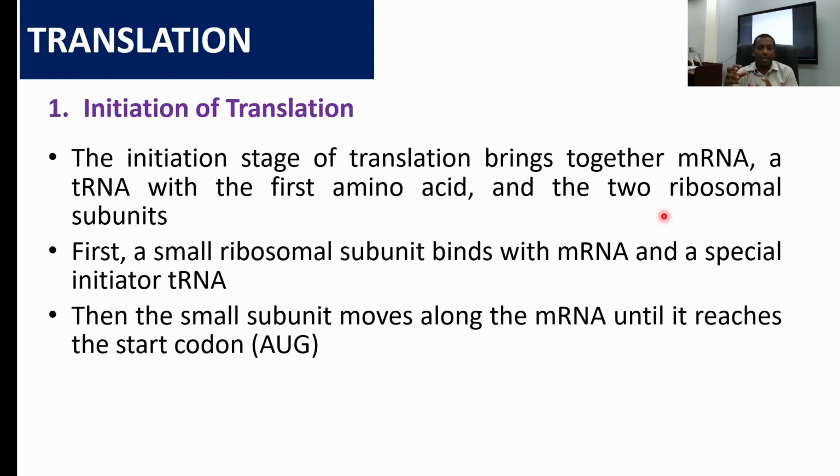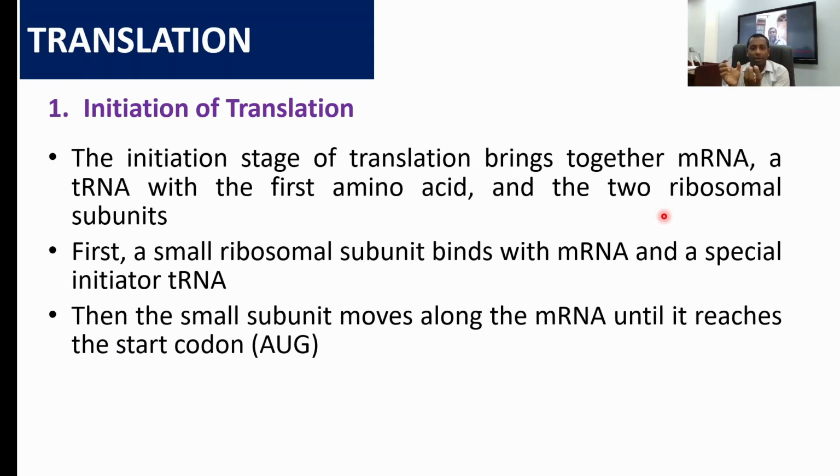Then the small subunit moves along the mRNA molecule until it reaches the start codon. The start codon is always AUG. So, as the small ribosomal subunit moves along the mRNA molecule, it looks for this AUG code.